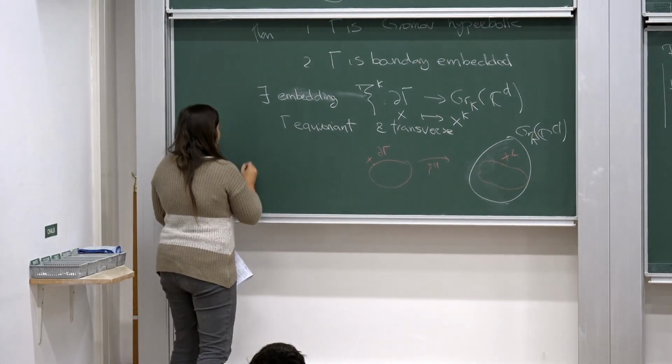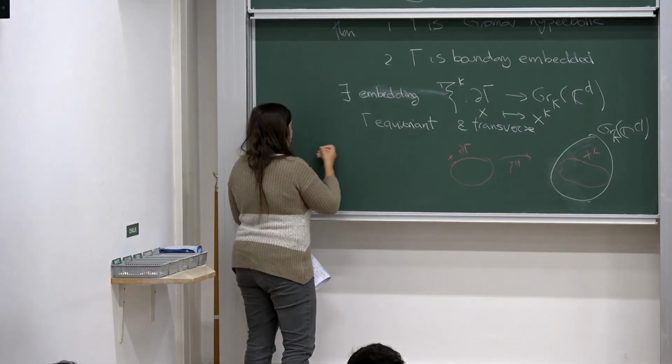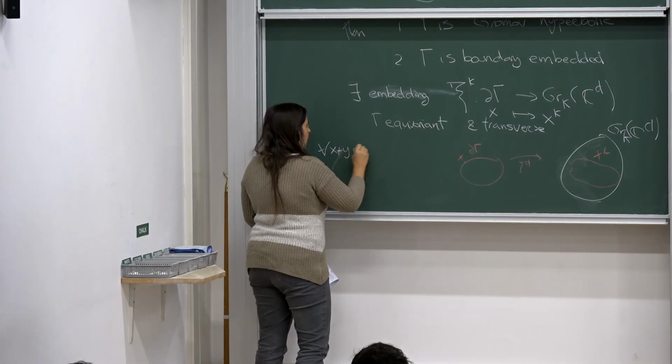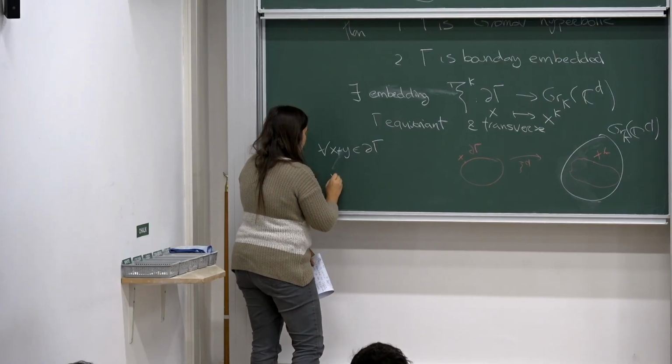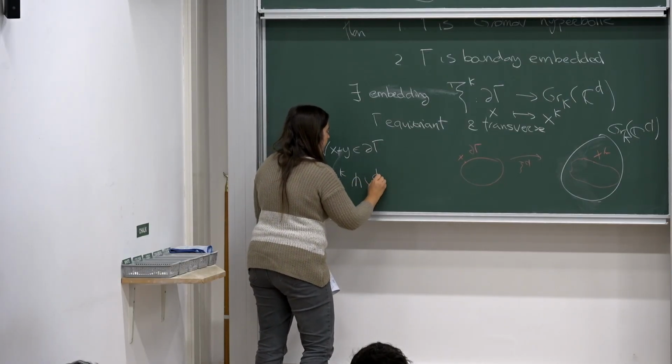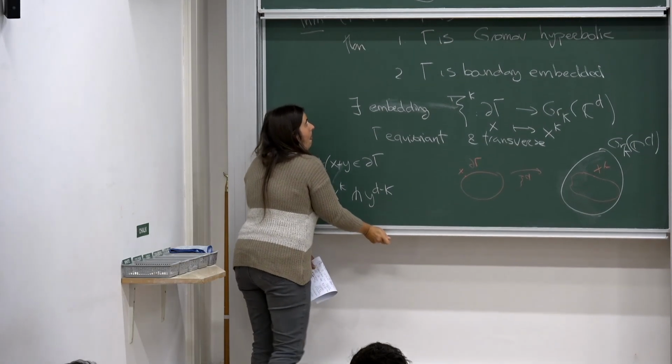Then the transversality means that for every x and y distinct in the boundary of gamma, x_k is transverse to y_{d-k}.